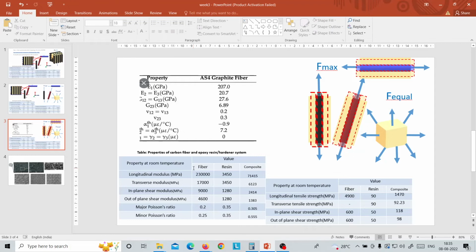Or you can say crystallinity is also lower in the case of carbon fiber. So when we talk about properties not along the direction of the fiber, graphite fiber is performing better as compared to this.